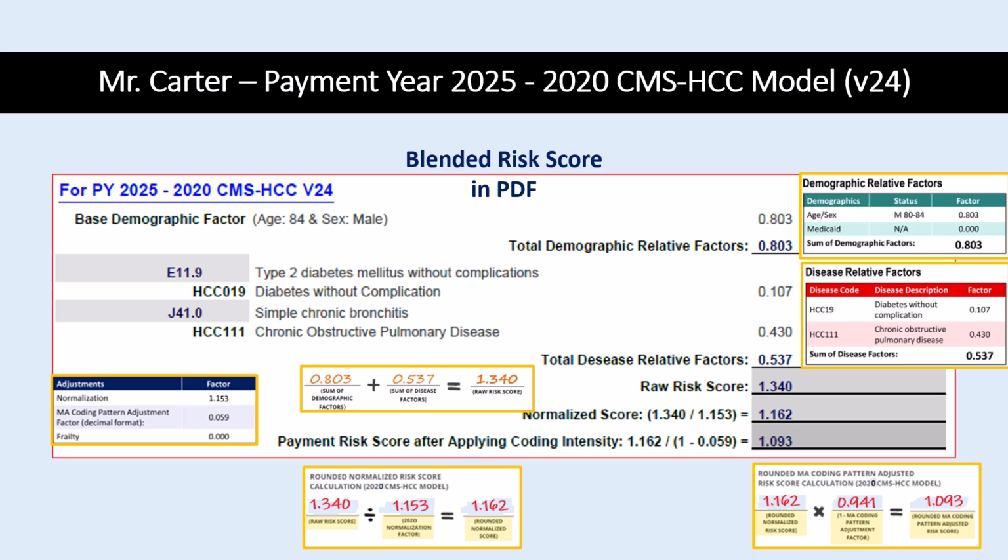To do this, simply multiply the rounded normalized risk score, which is 1.162, by 1 minus the MA coding pattern adjustment factor, which is 0.941, to get the MA coding pattern adjusted risk score of 1.09344. You must round this number to the third decimal point to get a rounded MA coding pattern adjusted risk score, which is 1.093.